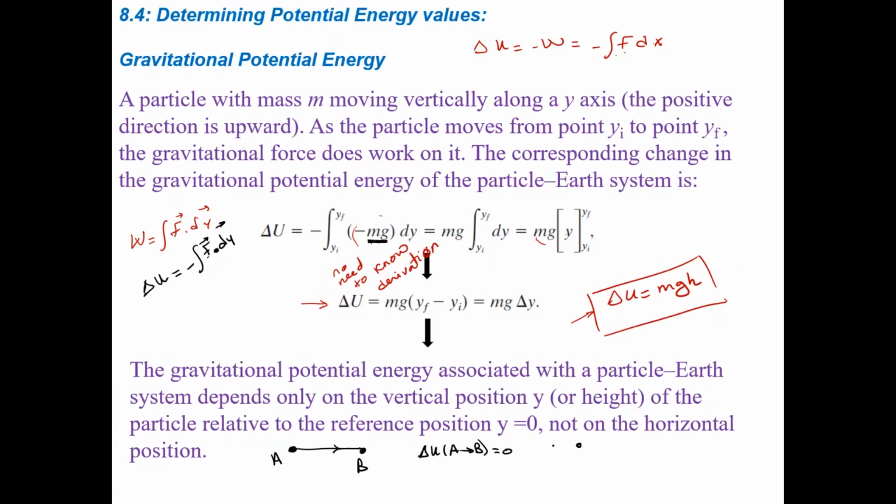But if I go from B to point C, which is over here, delta U from B to C is going to be negative in this case because the object is descending, y is decreasing. And if you take from C to some point D here, delta U from C to D will depend only on this vertical part, by the way.